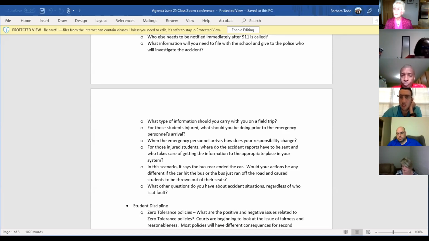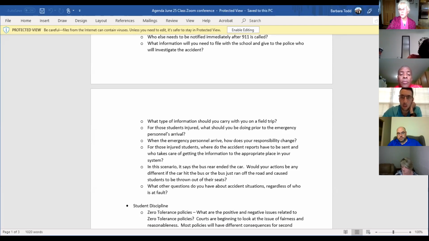And that's something that's totally different from, you know, if you're in a car accident, you call your insurance company and they handle it. Well, if it's a school bus, the Attorney General's office is the one that handles it for you. And so that's why so much of this paperwork is needed and why it has to be accurate.